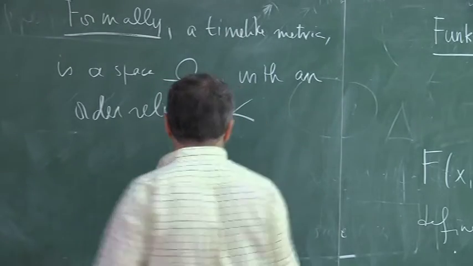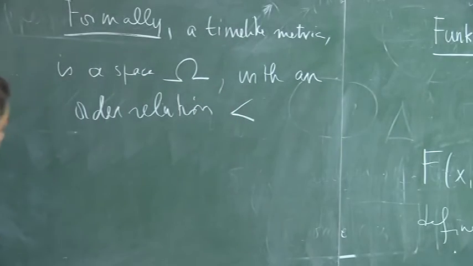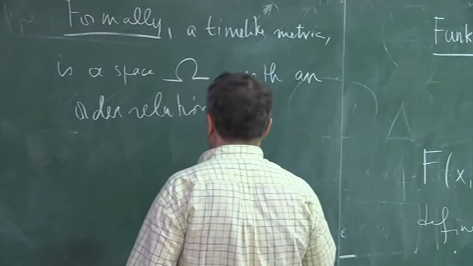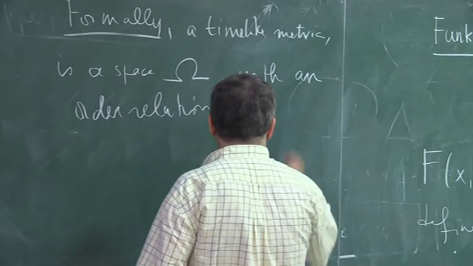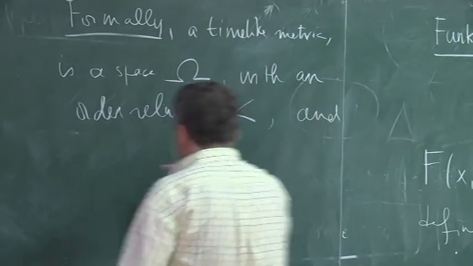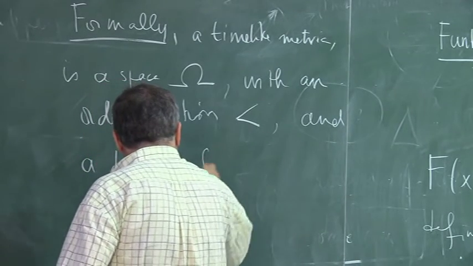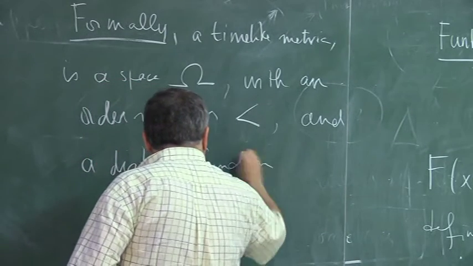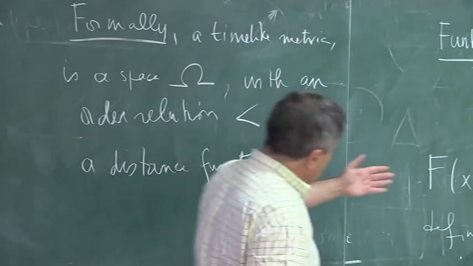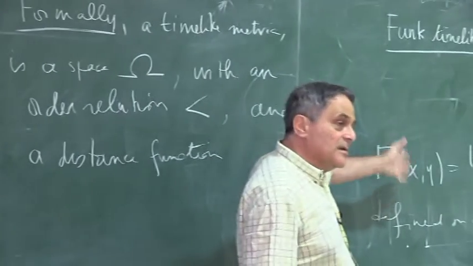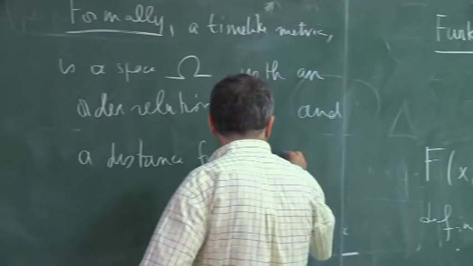Let's denote it like this, an order relation. And a distance function. So I called it f here because it's the time-like Funk metric, but here I want to take the general case.